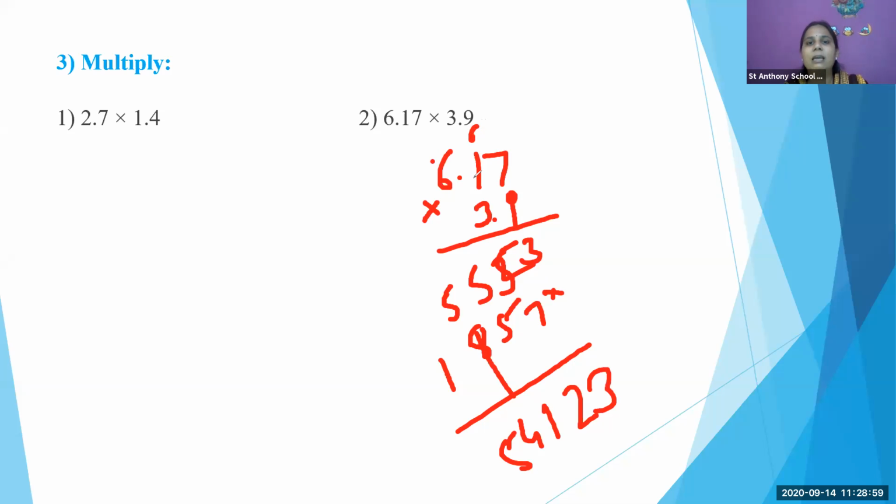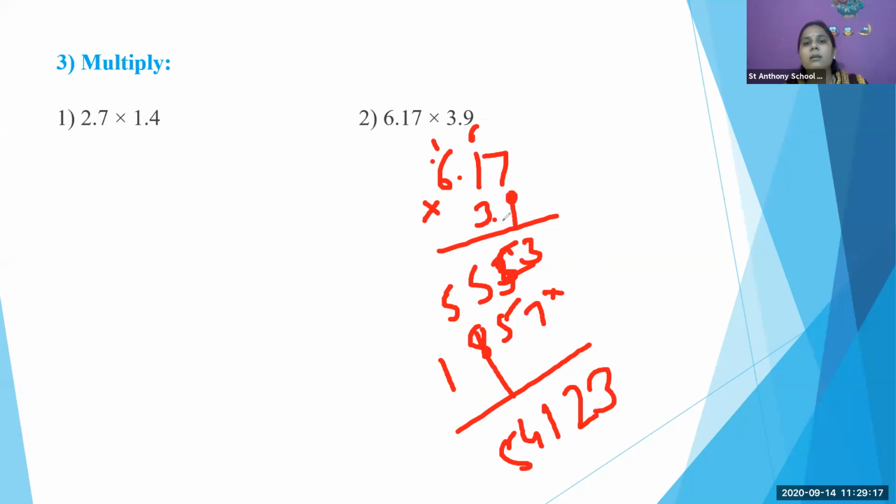Now 9 ones are 9. 9 plus 6 is what? 15. Okay. 15, 1 carry. Then 9 sixes are 54. 54 plus 1, 55, right?